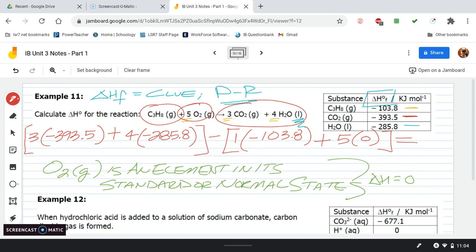But just be careful because I'm going to take my answer minus negative 103.8, which, of course, ends up adding it. So just be very careful with the signs. So I'm going to plug all that in, and I'm going to get an answer. Now, run it through. Don't just listen to me. Run it through. And then the answer I got, and this is the same answer you should get, is negative 2,219.9.